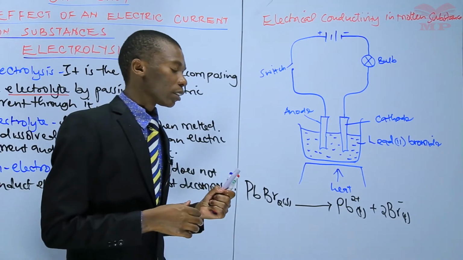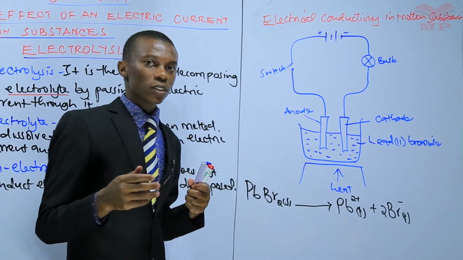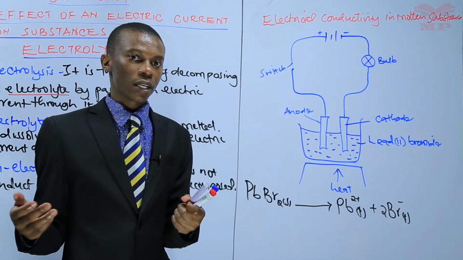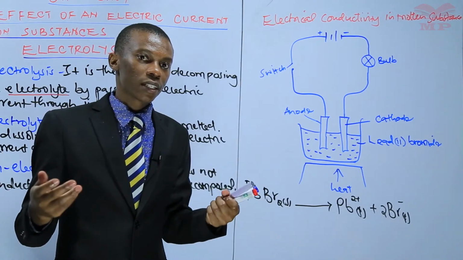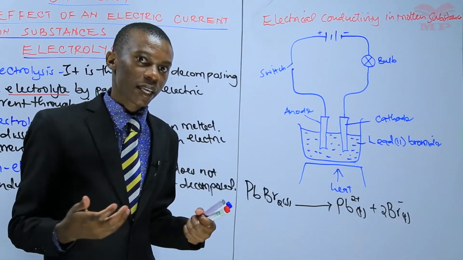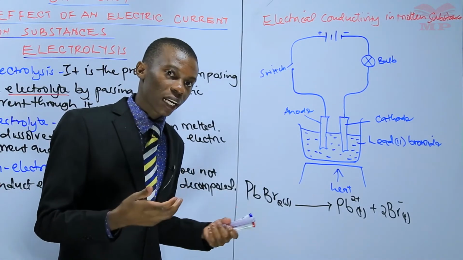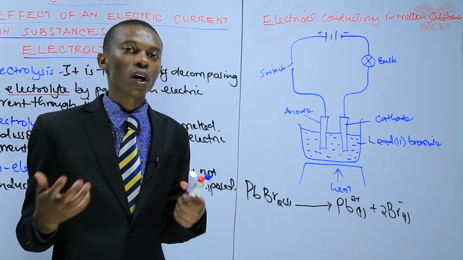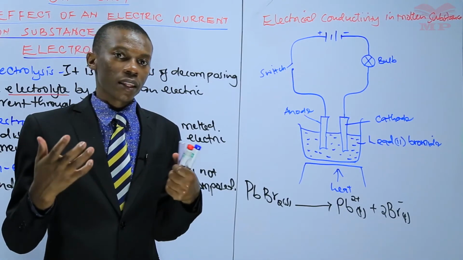These ions now migrate towards the cathode and the anode. Remember, the negatively charged ions migrate towards the anode, while the positively charged ions migrate towards the cathode.